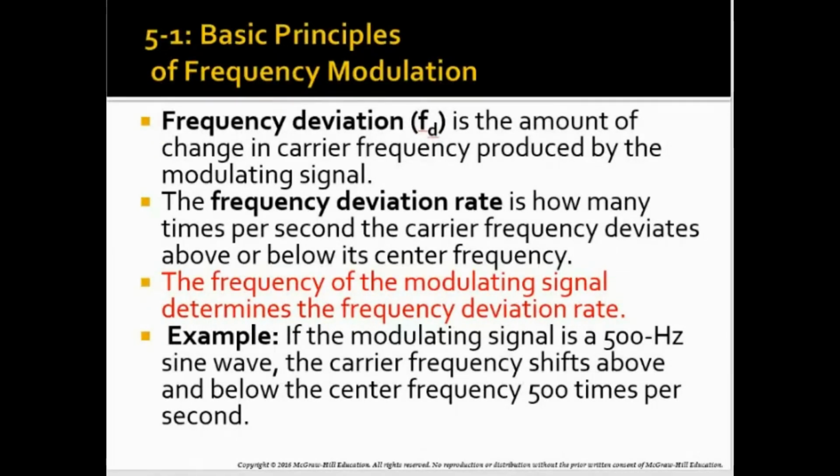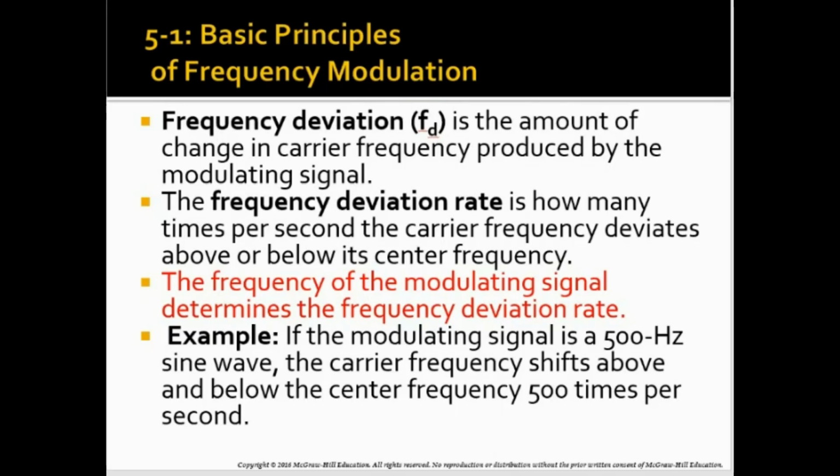We have two terms. One is frequency deviation, shown by fd. This is the amount of change in carrier frequency produced by the modulating signal. So this means the maximum and minimum frequency change in our carrier. Of course, it is not infinity, it is a range.